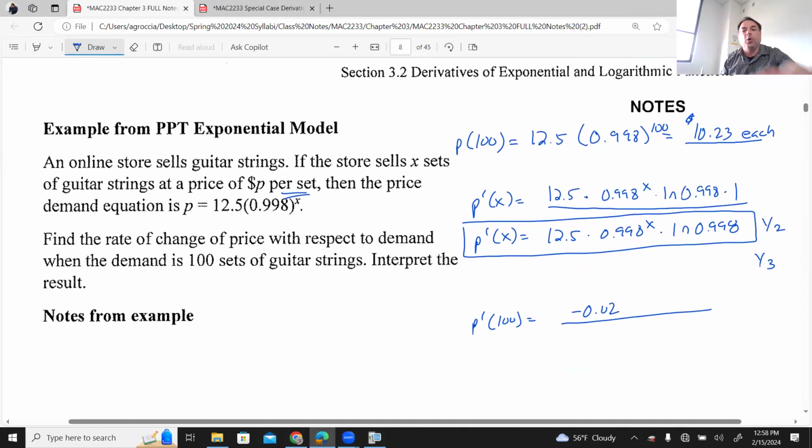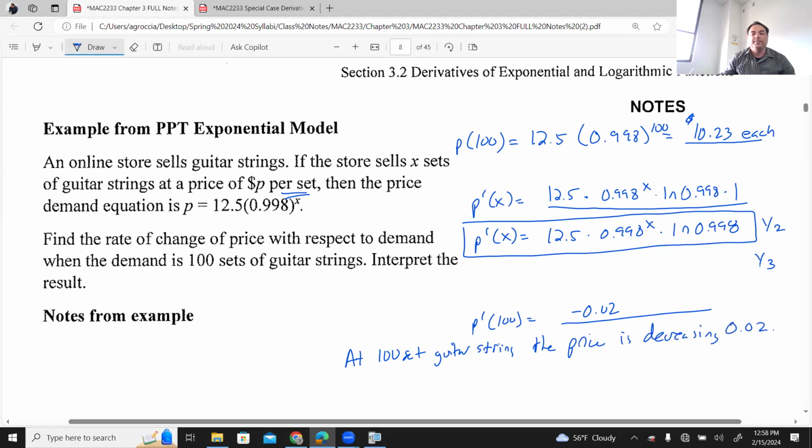And the question is, what is that? Well, what's happening is at 100 sets of guitar strings, price, how is it changing? Decreasing 2 cents.